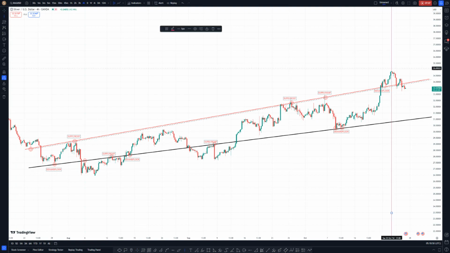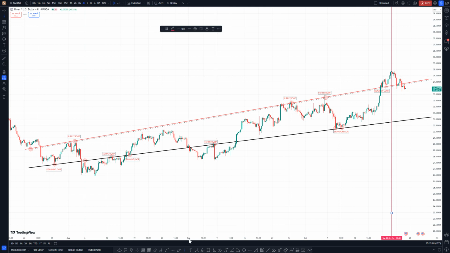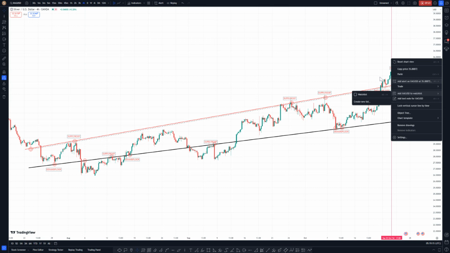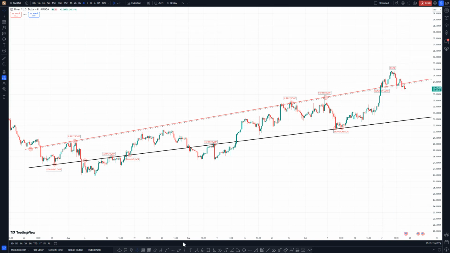This is the head. And this is the shoulder. We have two shoulders, a left shoulder and a right shoulder.